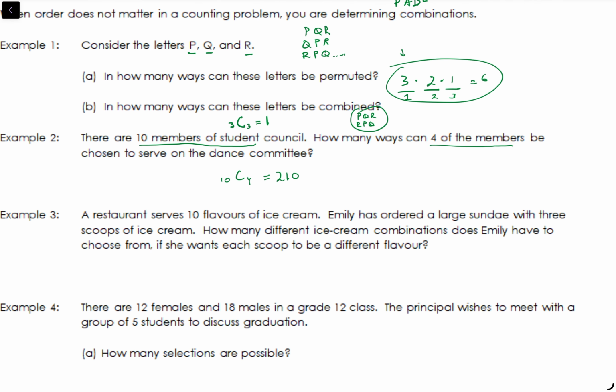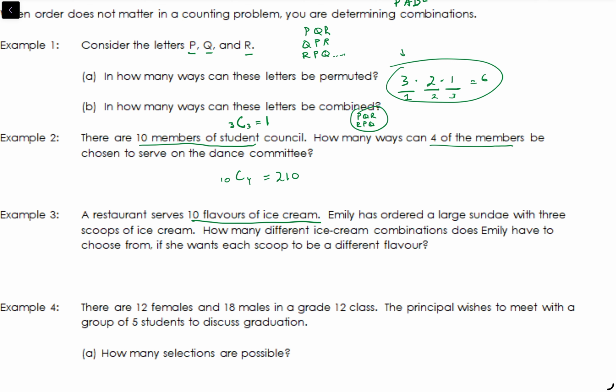A restaurant serves 10 flavors of ice cream. Emily has ordered a large sundae with 3 scoops of ice cream. How many different ice cream combinations does Emily have to choose from if she wants each scoop to be a different flavor?